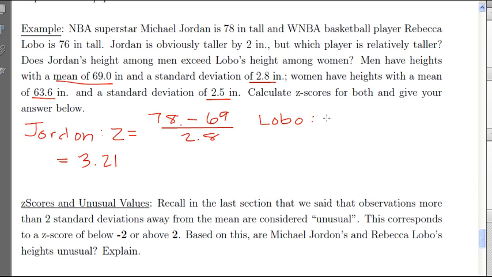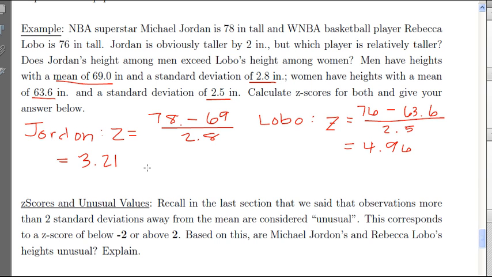We'll do Lobo's height second. Her observed height is 76. The mean for females is 63.6, and the standard deviation for females is 2.5. Her z-score turns out to be 4.96, so her height is almost 5 standard deviations above the mean.